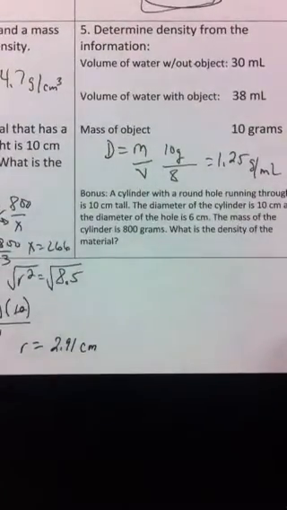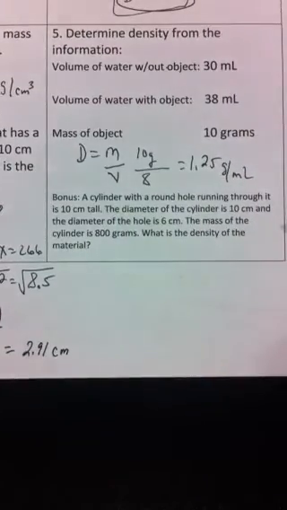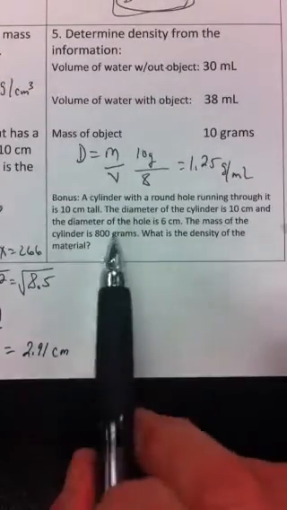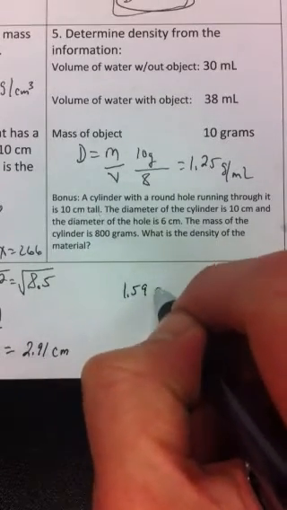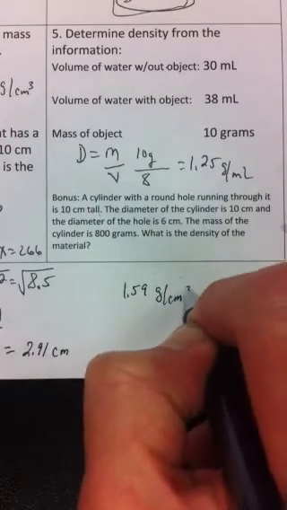Last problem is the bonus. If you're retaking it or you're absent, you're not eligible for the bonus. So the bonus is going to end up being 1.59 grams per cubic centimeter.